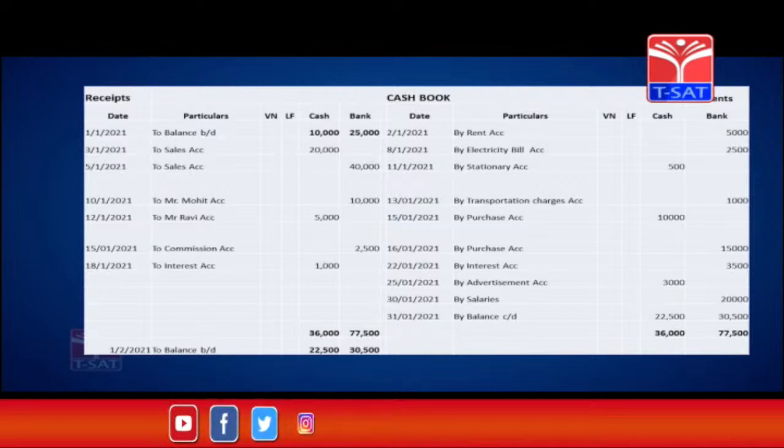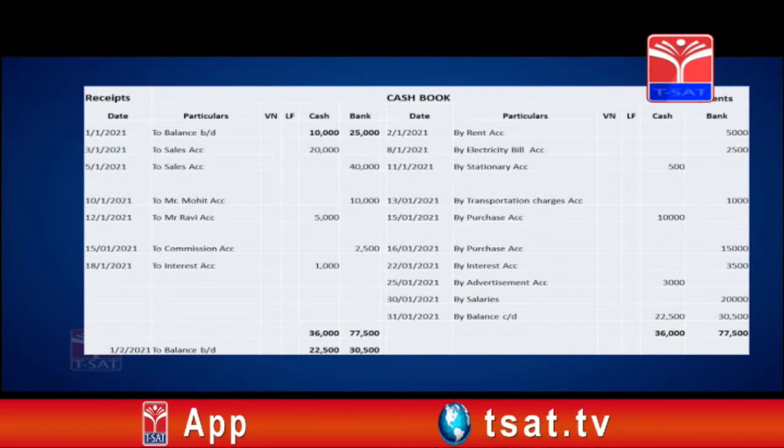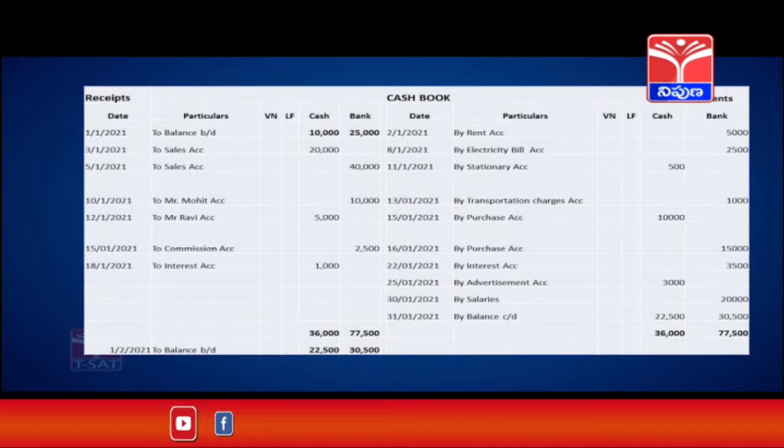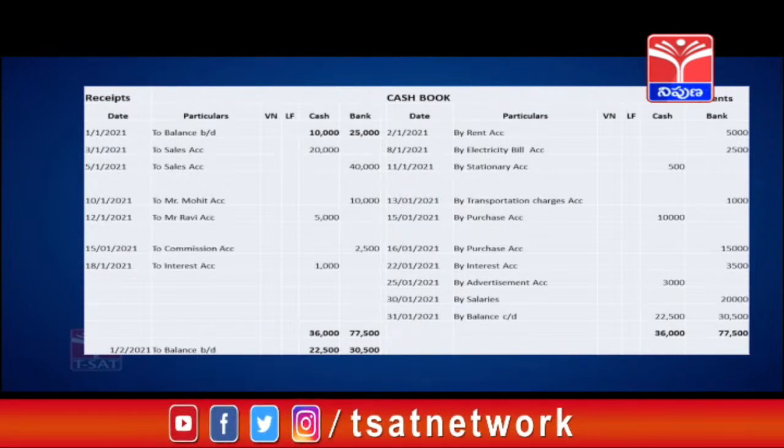Then we can also see the interest account. On the right side you can see different types of expenses like payment of rent. You made the rent payment by check, that is why the amount is entered in the bank column. You made the electricity bill payment, then you purchased stationery and you paid 500 rupees.